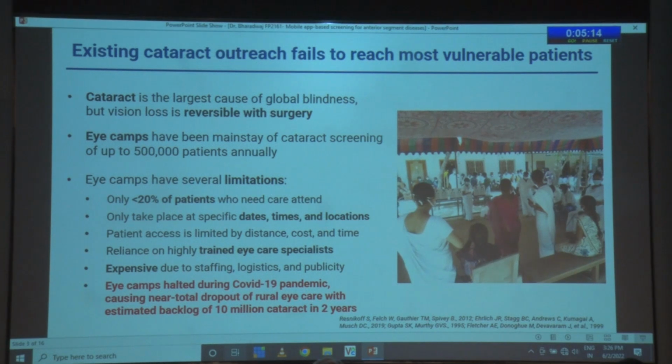But this approach has its own limitations. As per previous studies, it reaches only 7 to less than 20% of patients. These camps happen only at specific dates, times and locations, which might not be easily approachable for most of the population, they need a trained specialist to be present, and they are expensive for the organization to run.